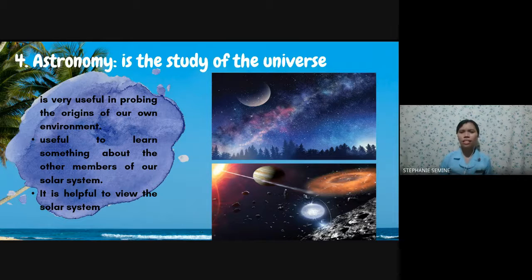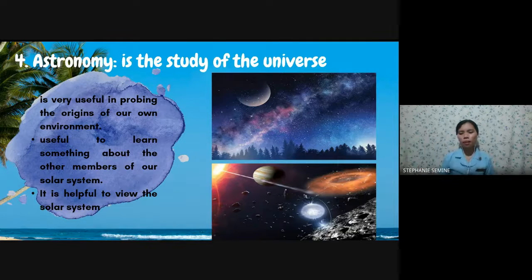Okay, all of these things that we watch in the night sky are all about astronomy. So astronomy in its broadest sense is the study of the Earth's beyond. So it includes the sun, the moon, stars, planets, comets, gas, galaxies, dust, and other non-earthly bodies and phenomena.